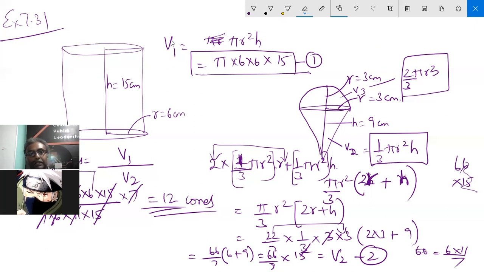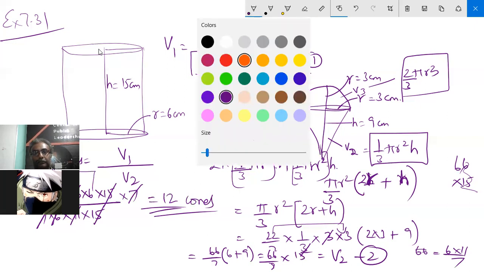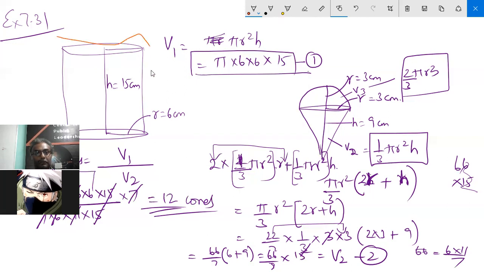So much ice cream is there in this cylinder. Then each of that is put into small cones. So 12 cone ice creams you get totally. Got it?